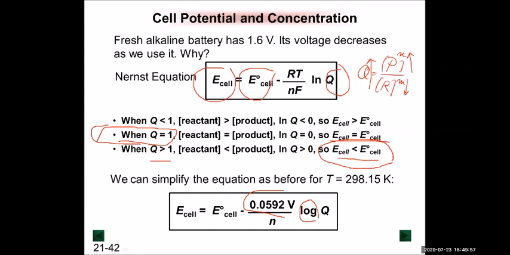For the same number, natural log will be 2.3 times bigger than the log of 10. So all these combined together give us a number 0.0592. Okay, so the N is number of electron transfer, just as we discussed earlier.